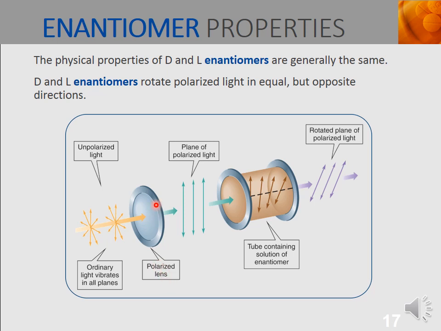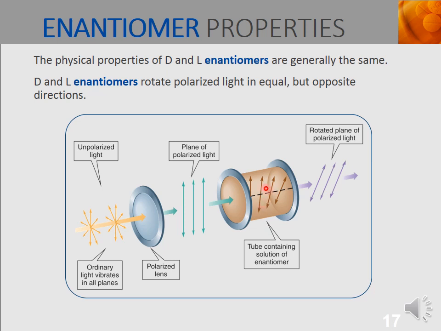Chemical properties are also the same. The difference is only known experimentally, when we place the solution in the test tube in the polarimeter, then we will get different directions. D and L enantiomers rotate polarized light in equal but opposite directions.